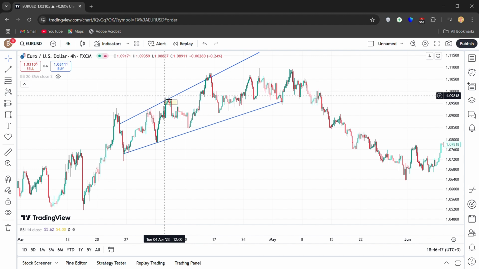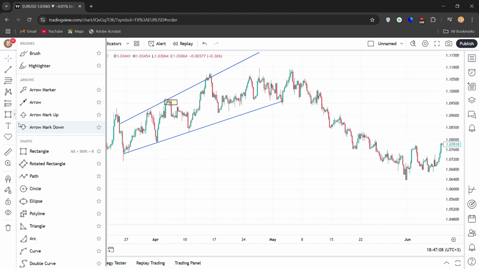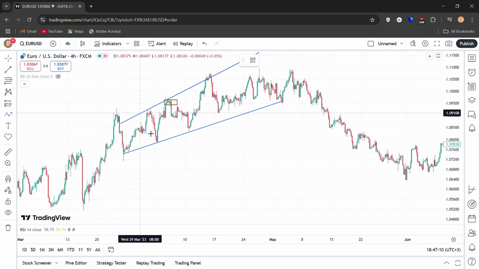So what you have to do with the bounce strategy is that you have to wait for the price to hit this resistance level or to hit a support level of it and bounce off it. So for example, if the price approaches this resistance level and starts to move downwards, it has reached our resistance level and has started to move downwards.